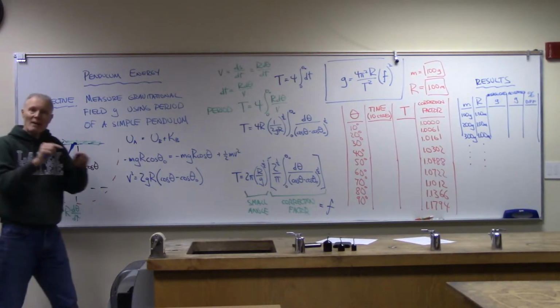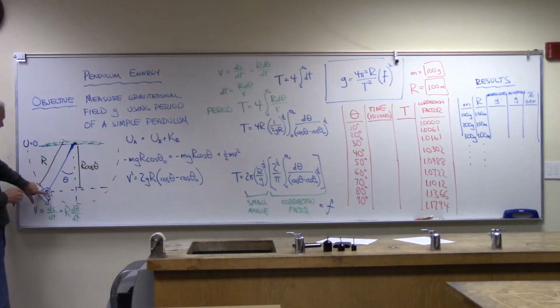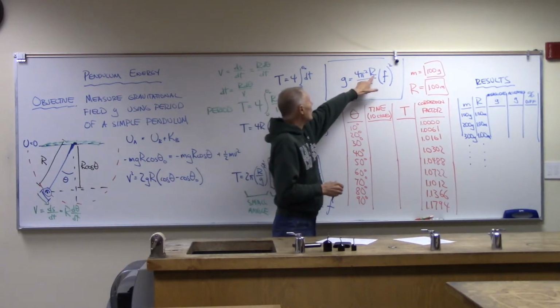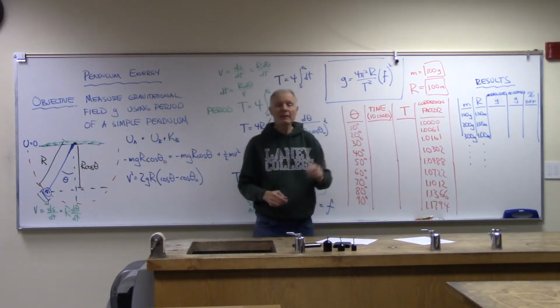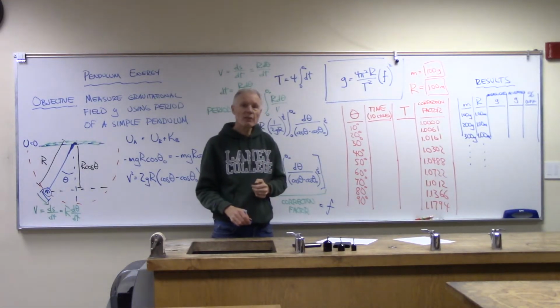So I'm going to bring that back to the center of mass and include that extra distance, whatever it is, to take it from the center here to the center of the circular motion. That's going to be r. And then the period, we're going to get that by timing.